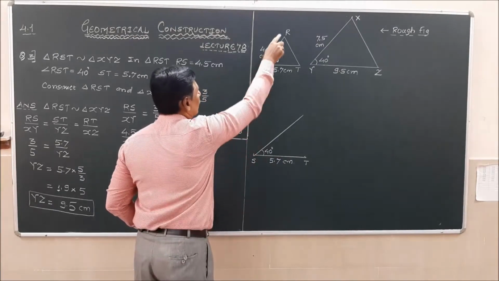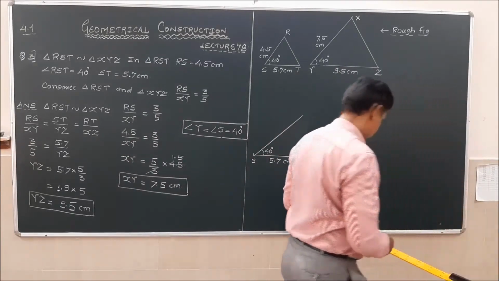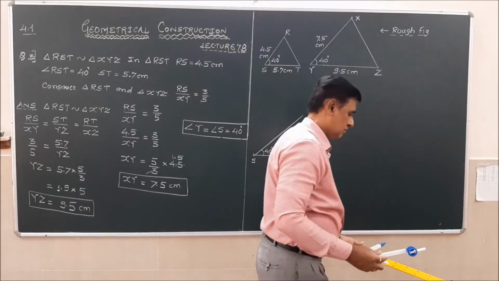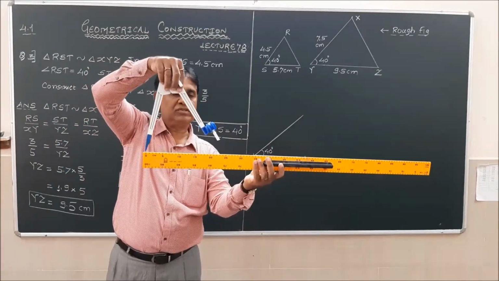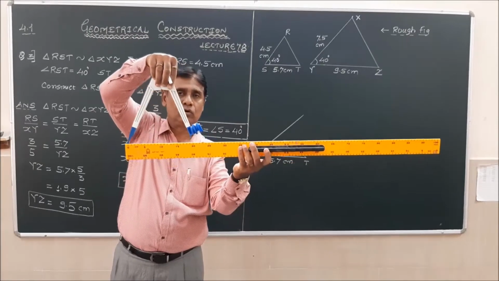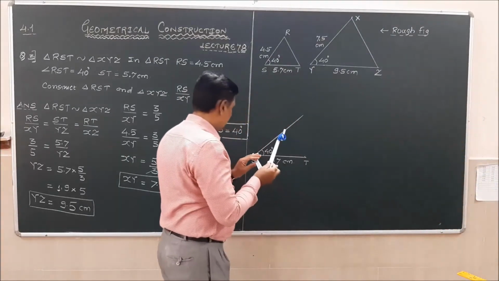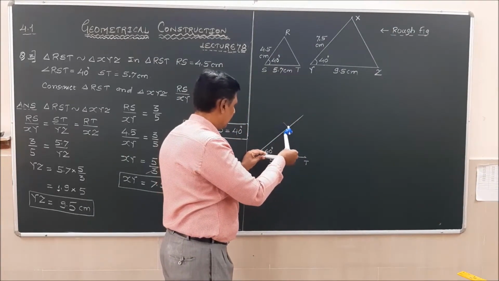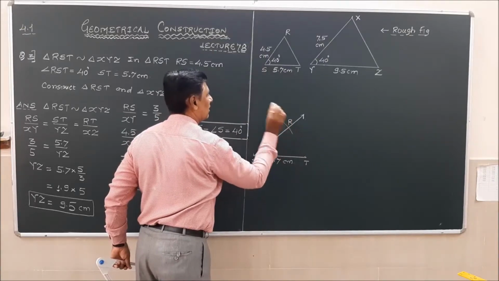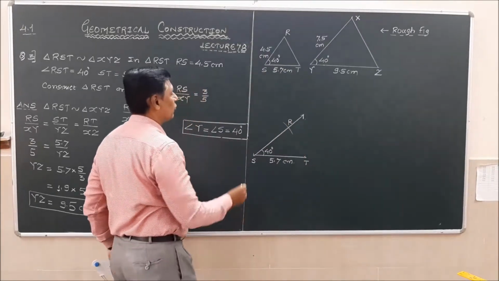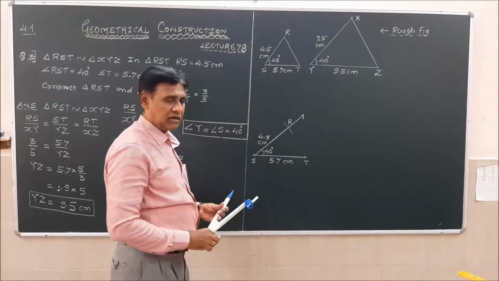From point S, take 4.5, from 0 to 4.5. Place the metal point on S and mark R. This is point R. Now join RT.